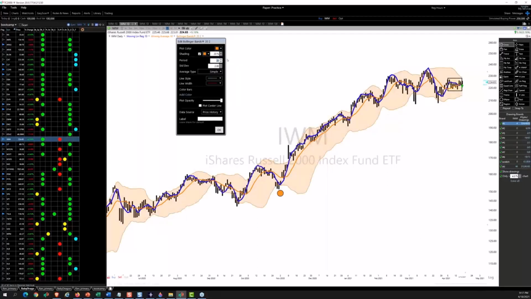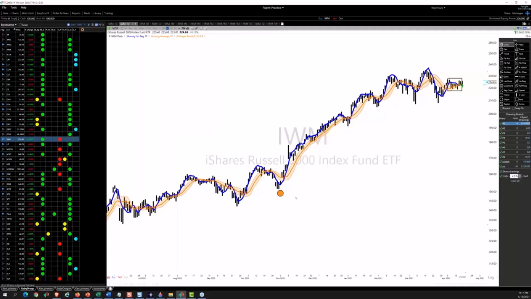And then instead of 20, we're going to make it 10 so that it aligns with the 10-period look back. And I don't want 2 standard deviations. I want half a standard deviation on either side of the dragon, because I want the width of the dragon from south to north to be 1 full standard deviation. All right, so half plus a half.